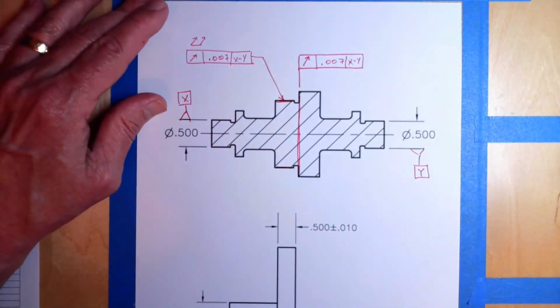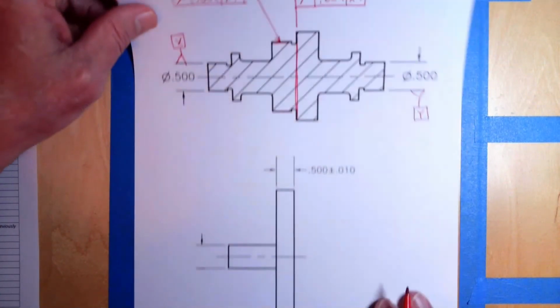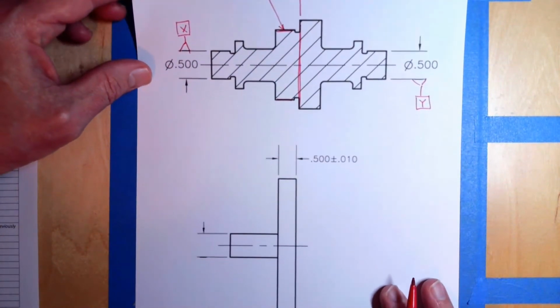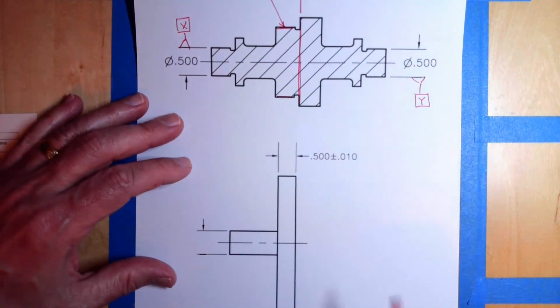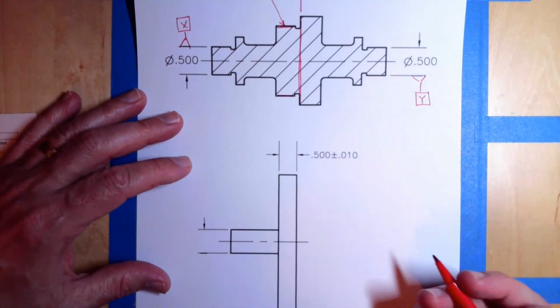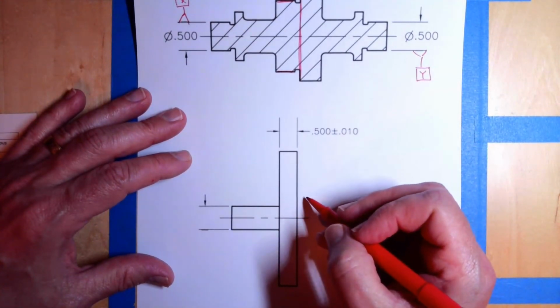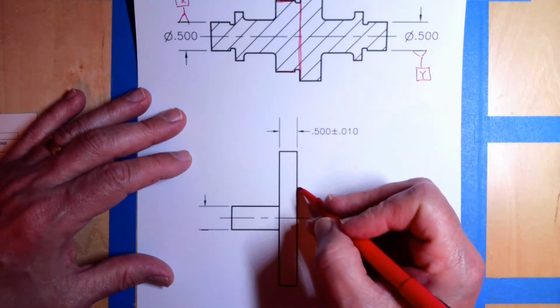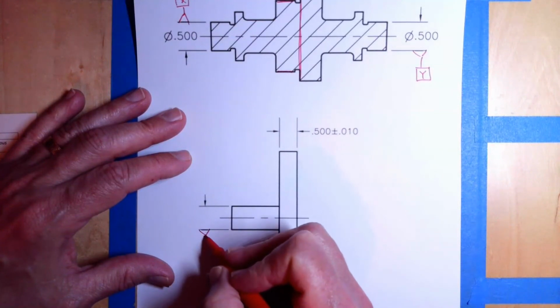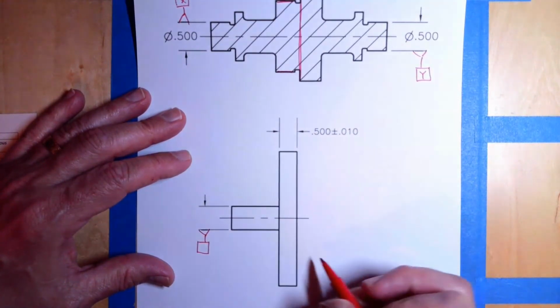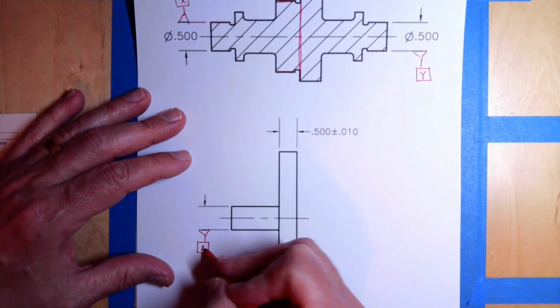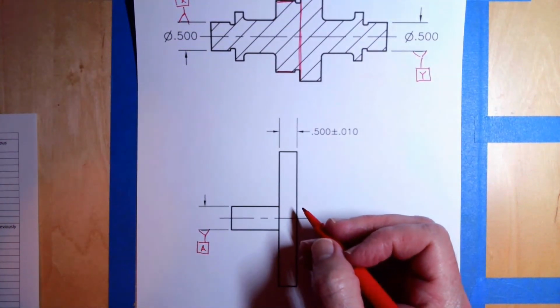Okay. Last but not least, we can do a surface again. Let's say we want to control this surface. How is the part being held? Well, it's being held here. So we're going to make that our datum.